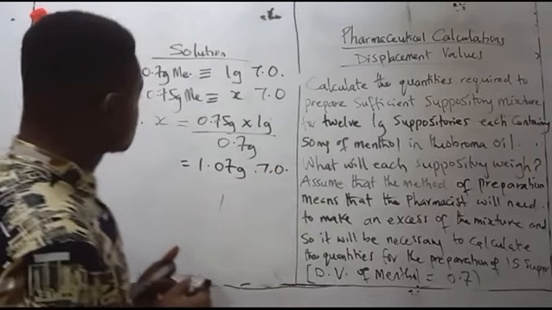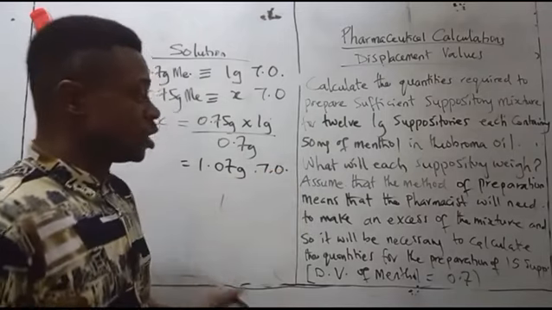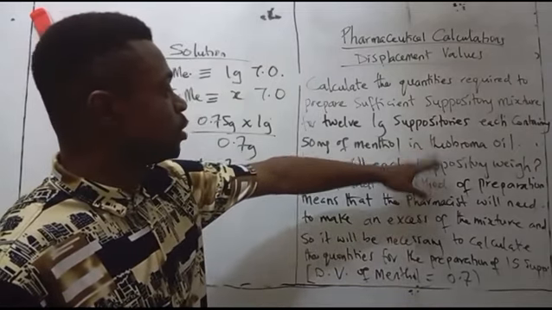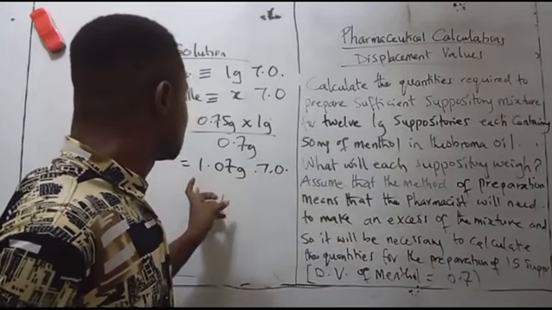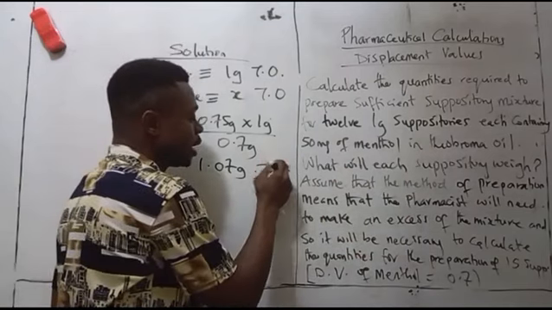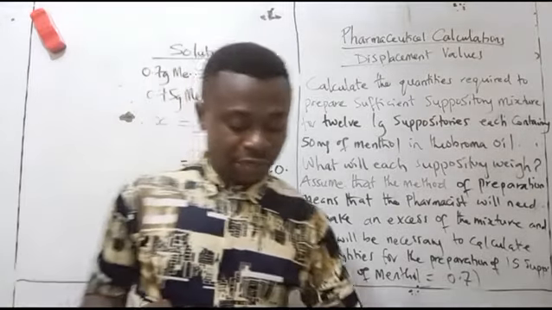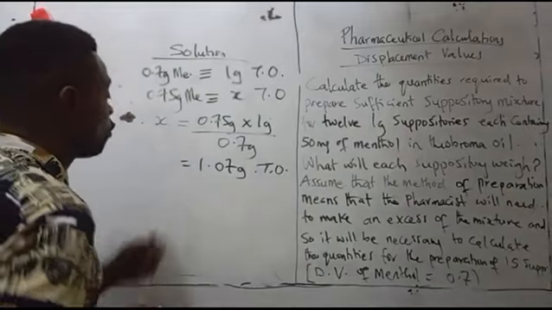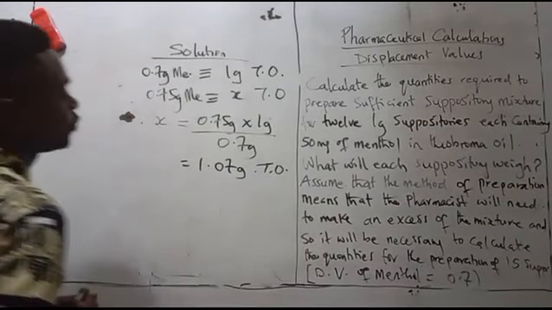So for 15 suppositories, this amount of menthol will displace 1.07 gram of theobroma oil.